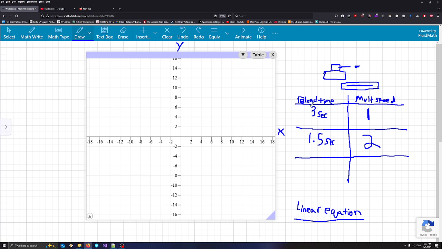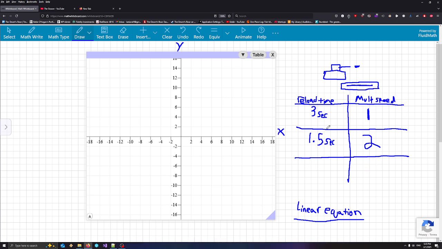So if I put into the equation 3 seconds, I should expect to get 1. If I put in 1.5 seconds, I should expect to get 2. And if I put in any number, really, or whatever you want to put in here, you can then get an equivalent multiple speed out from it.